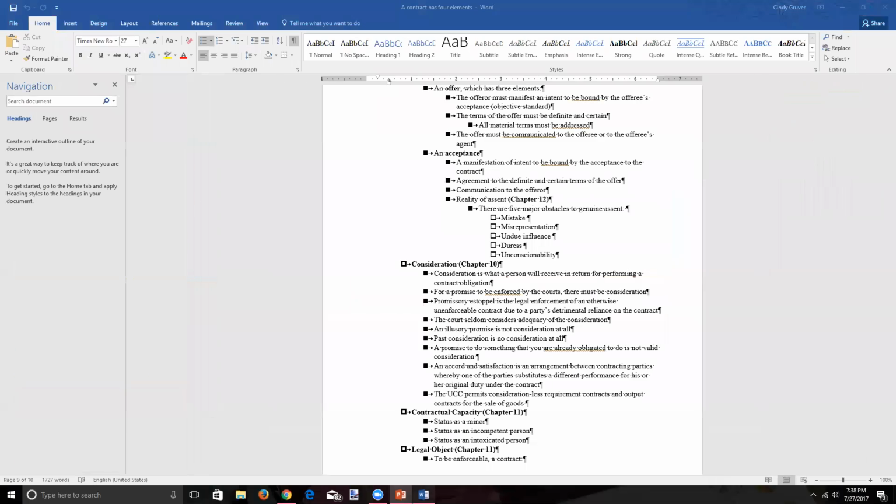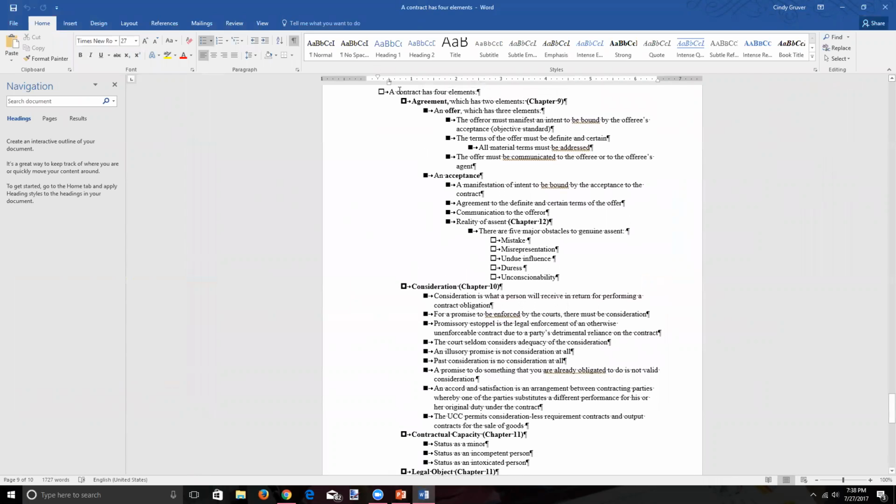elements of contract law. When we were talking about our elements, when we got to chapter 12, we were talking about, oh, here we go. We were talking about the 4 elements of contracts. We had agreement, we had consideration, we had contractual capacity, we had legal object.